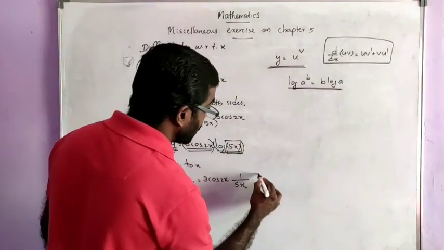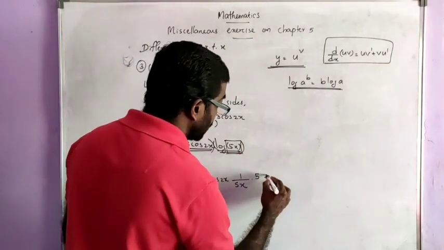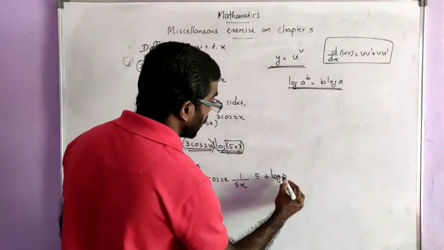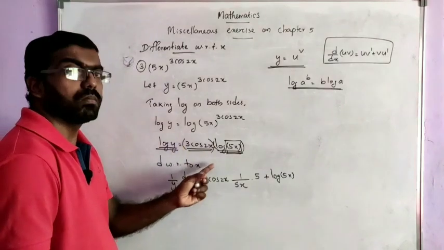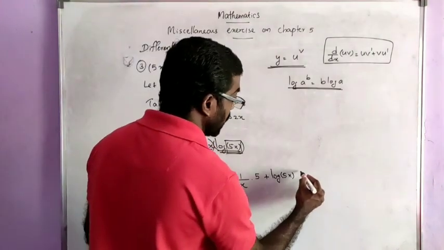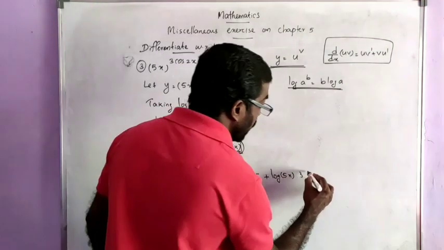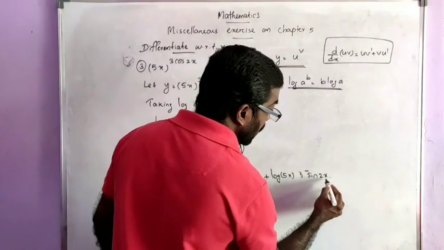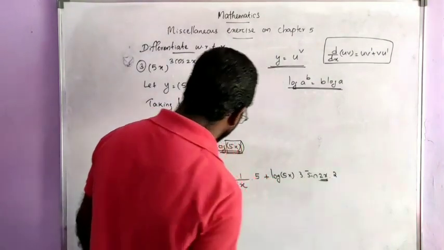So the derivative of 5x is 5. Okay, then plus the second function, that is log 5x into the derivative of the first term, that is the derivative of 3 cos 2x, that is 3 into the derivative of cos 2x, which is minus sin 2x into then the derivative of 2x, okay, it is 2.